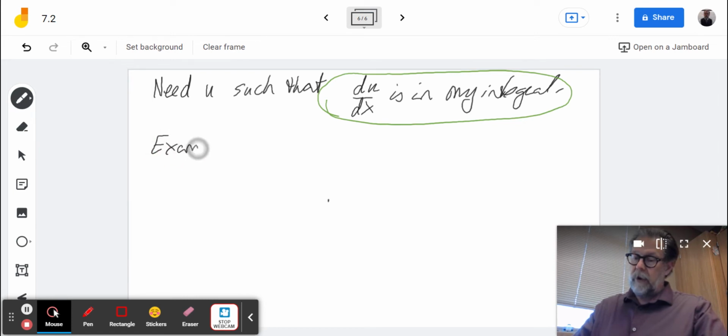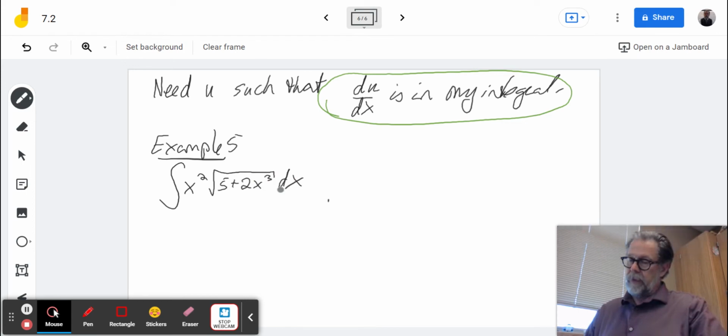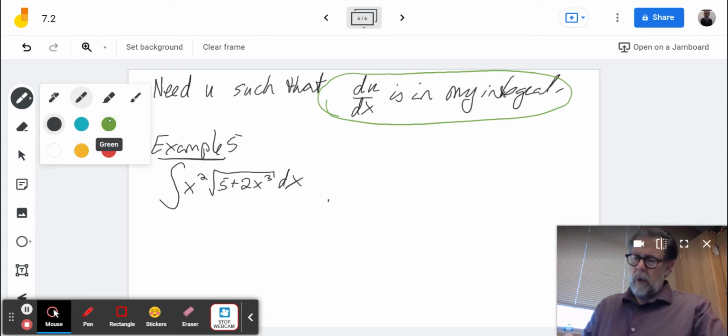Example 5. The integral of x squared times the square root of 5 plus 2x cubed dx. I need a u, and I need the derivative of u to be in my function.